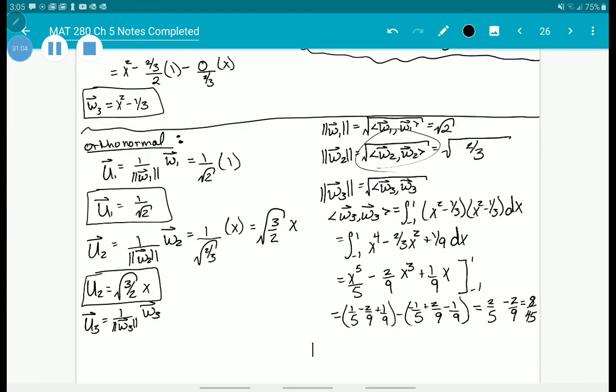So the magnitude of W3 would be the square root of 8 over 45.